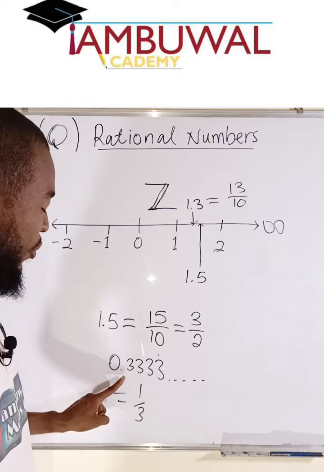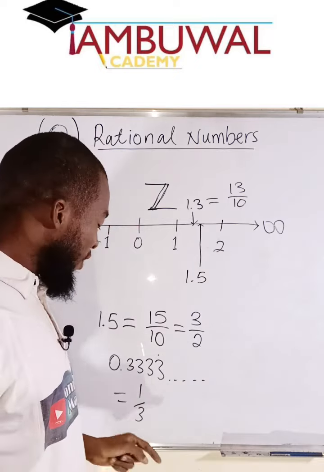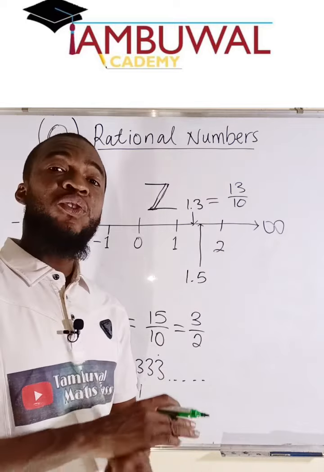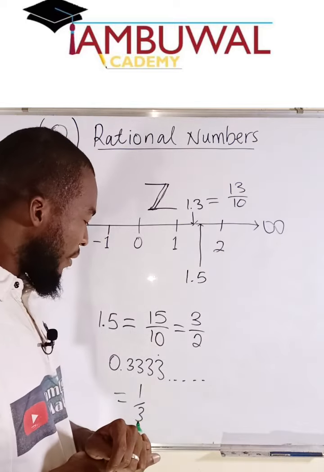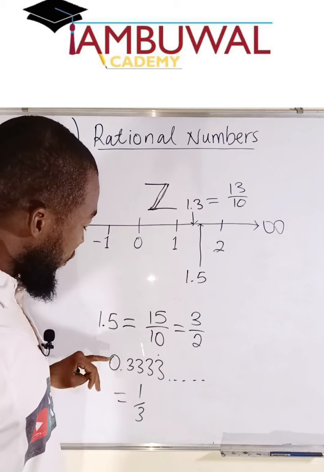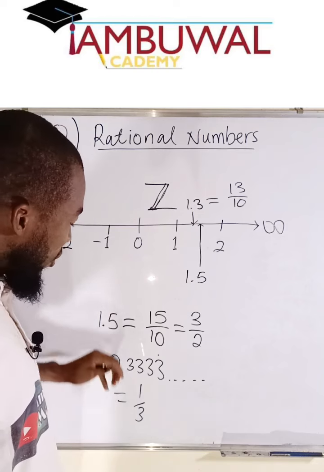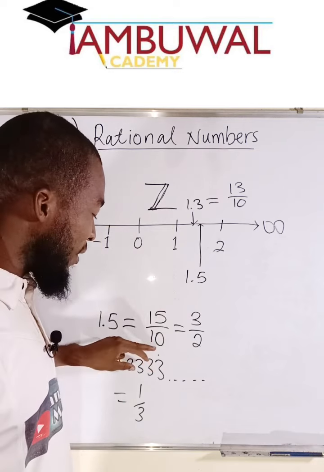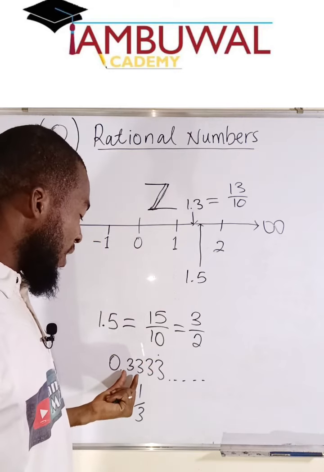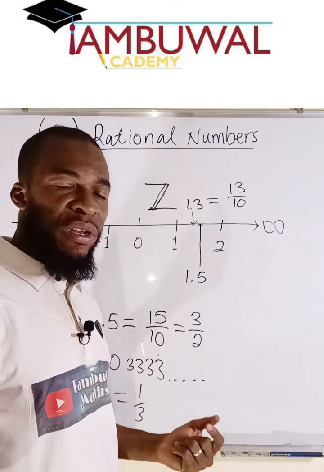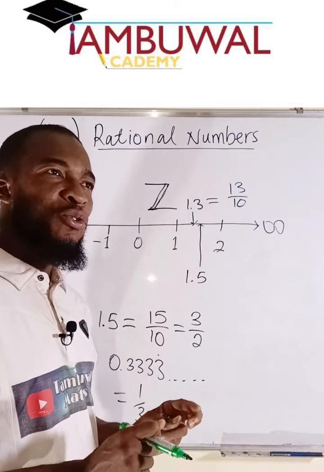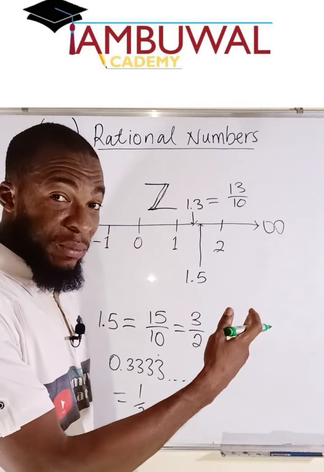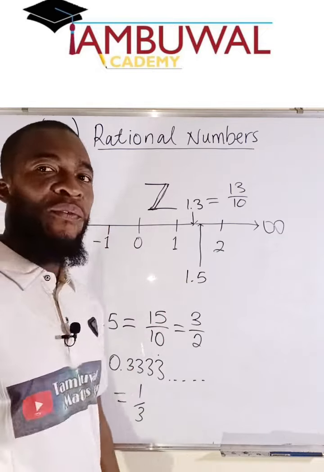Therefore, since 0.3333 can be expressed as 1 divided by 3, it implies that 0.333 is also a rational number, right? But the question is, how can we convert this one to this? Because we have seen that 1.5 is just the same thing as 15 divided by 10, we cannot just say 33 divided by 10 or 100. It is not possible, but I'm going to show you in a separate video how to convert non-terminating decimals that are recurring into fractions.